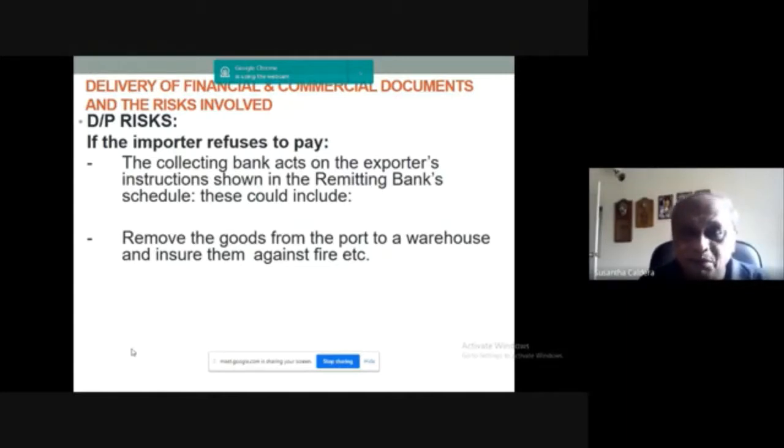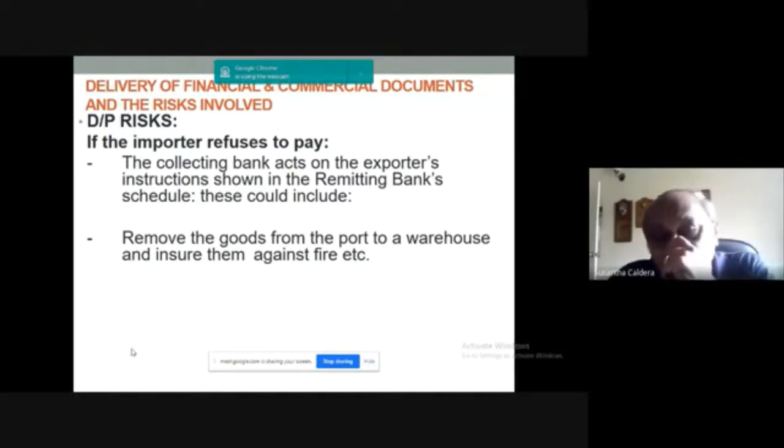For example, if the goods are perishable and the importer, due to a disagreement with the exporter, says, no, I'm not going to pay, I don't want this thing, then the remitting bank schedule has given us instructions in a scenario like that to remove the goods from the port to a warehouse and insure them against fire.